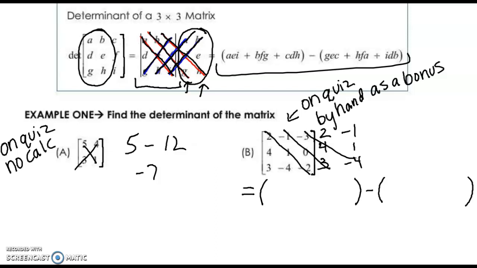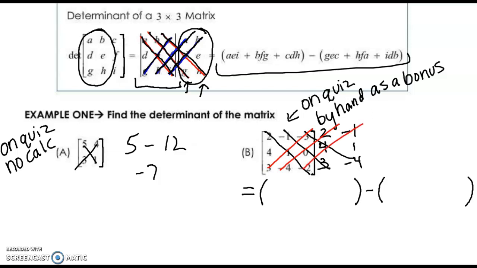So 2 times 1 times -2 plus -1 times 0 times 3. Anything times 0 is 0. So that's 0, okay? Plus -3 times 4 times -4. And then minus, and then the other way around, boom, boom, boom. I usually do those other 3 in a different color so everyone can kind of see. There we go. But again, we've got another 0.